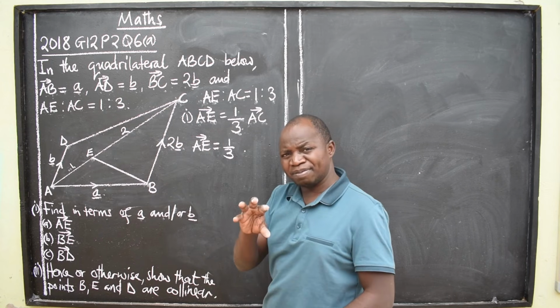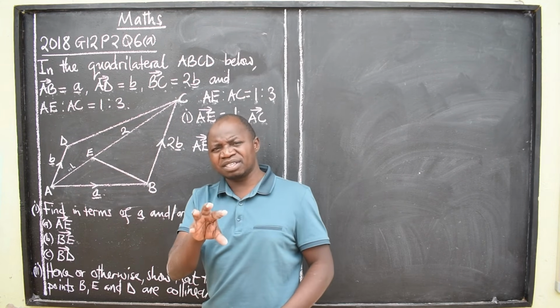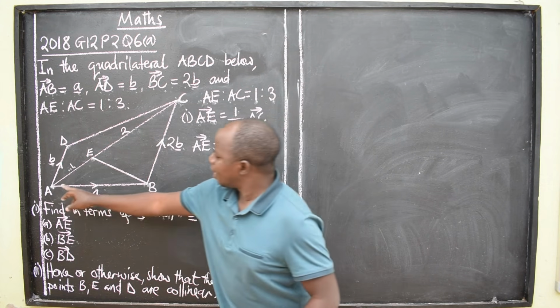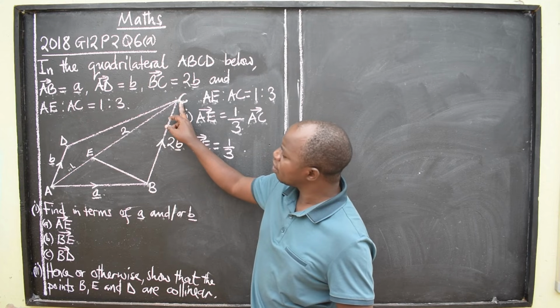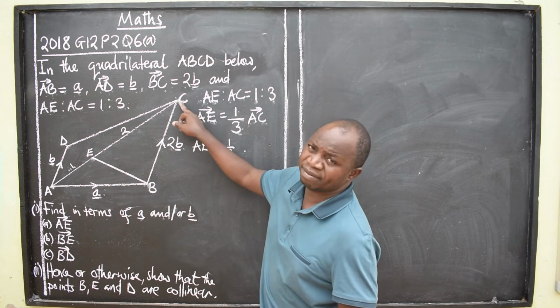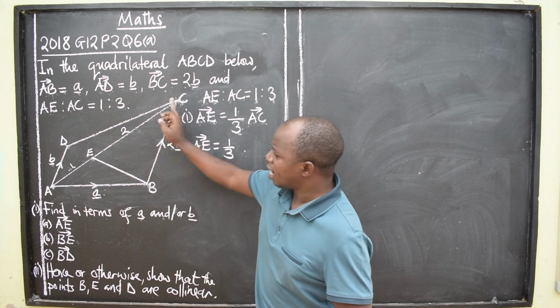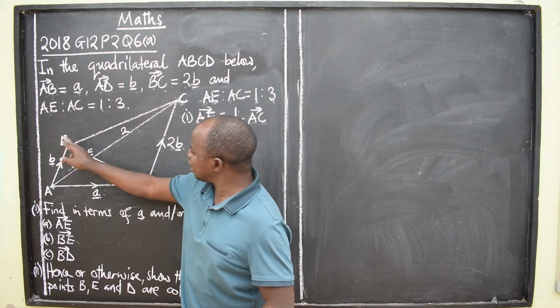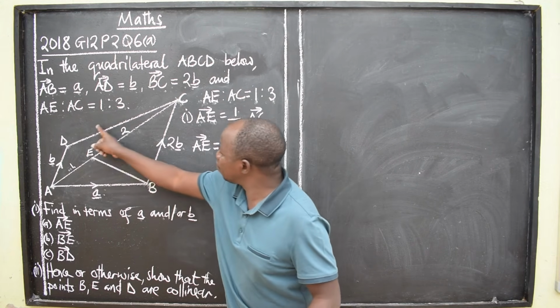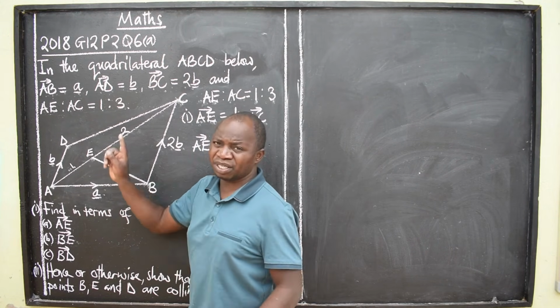I hope you are getting me. So you use the routes that have got vectors. A to C will be AB, BC. I can also use AD, DC. It will still be the same answer. But I don't have this, so I can't use this route.